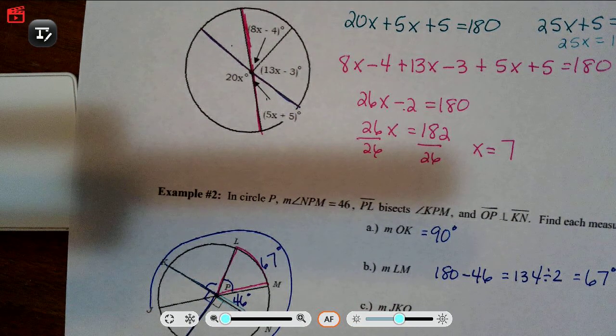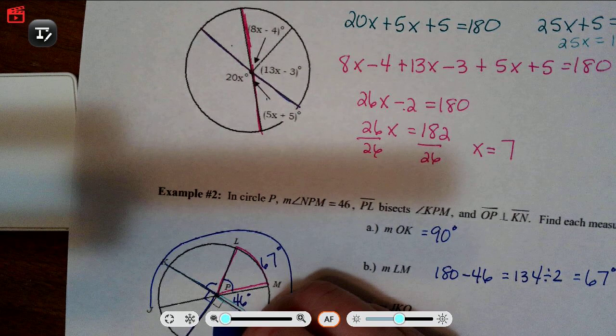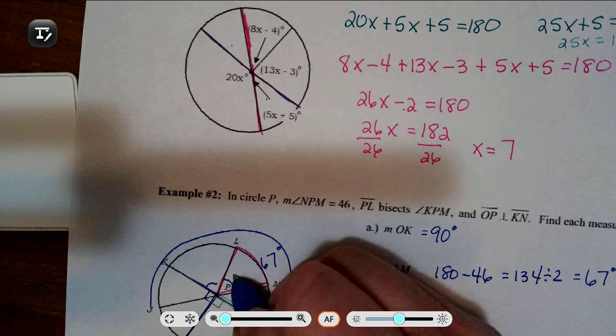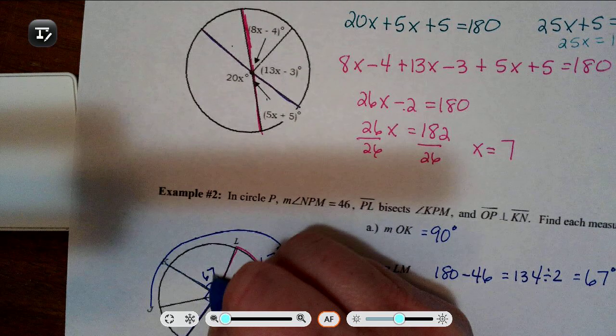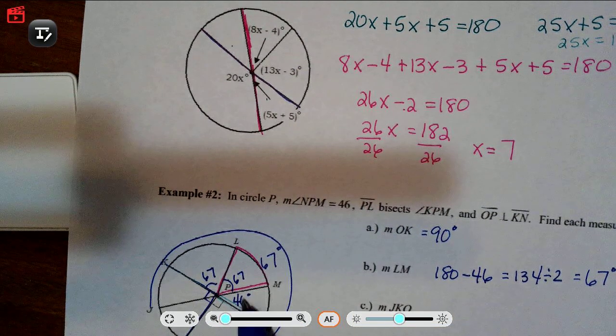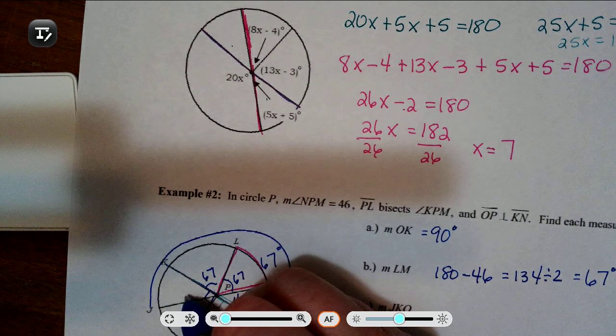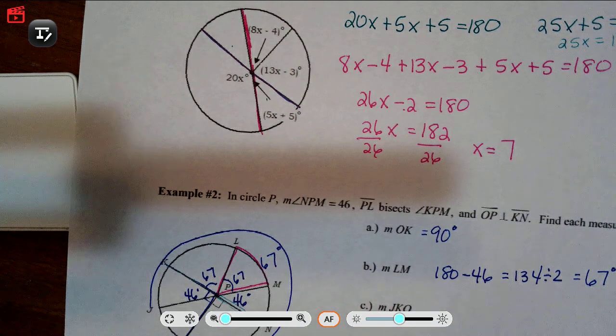If I am doing that, then I need to, one of two things, I can think about all of these pieces. I know that this is 90, this is 46, this is 67, this is 67, and this one here is going to be vertical, so this is 46 as well.